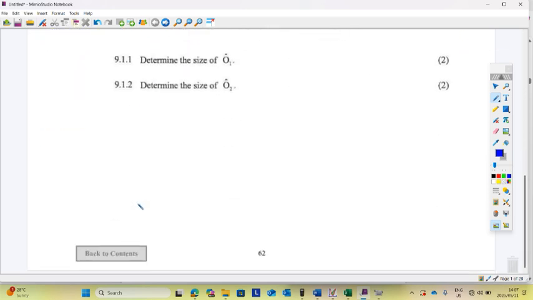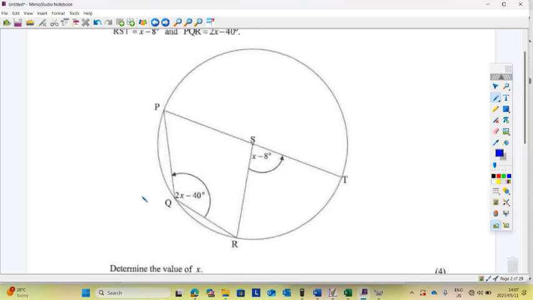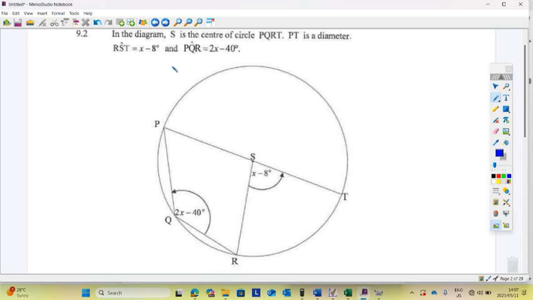That is question 9.1. Let's go to 9.2. In the diagram, S is the center of the circle, PQRT, and PT is a diameter. This is PT, it is a diameter.